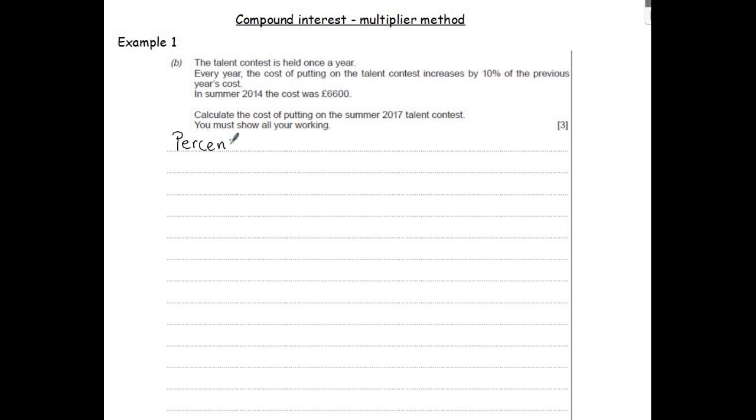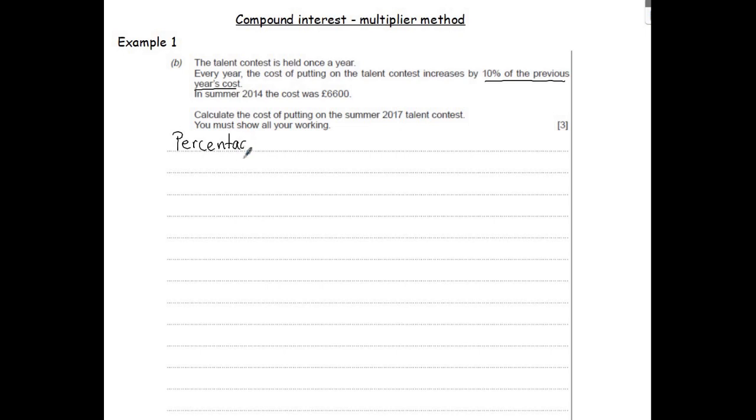It speaks about an increase in percentage, so I know this is a compound interest question. So when you have got a calculator, we can use the multiplier method.